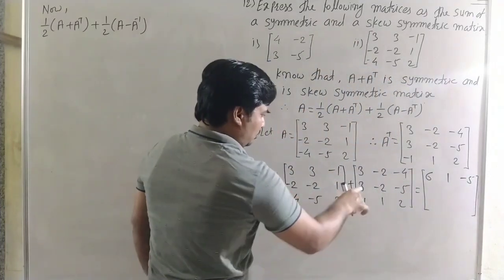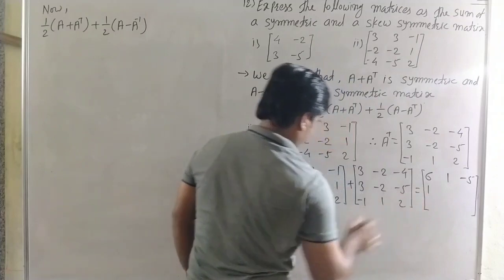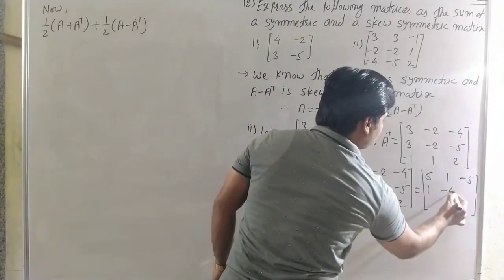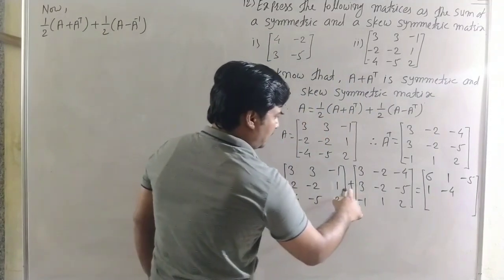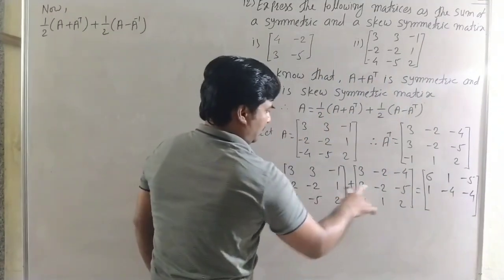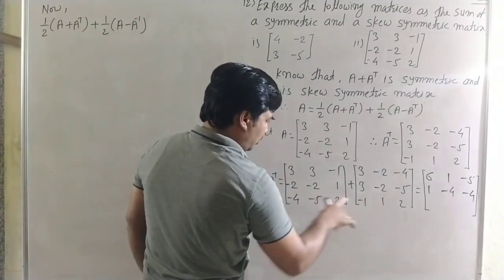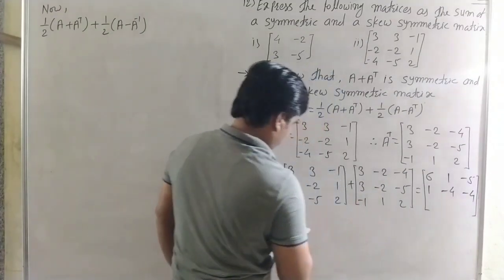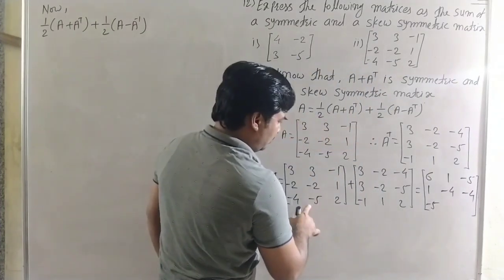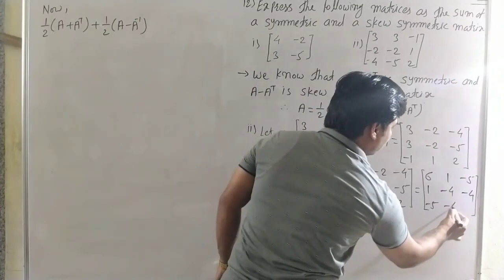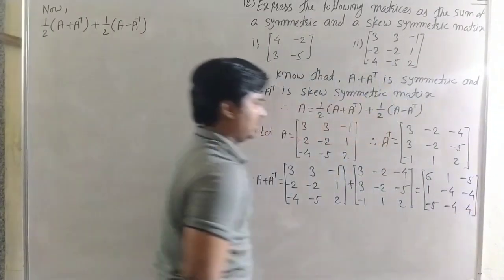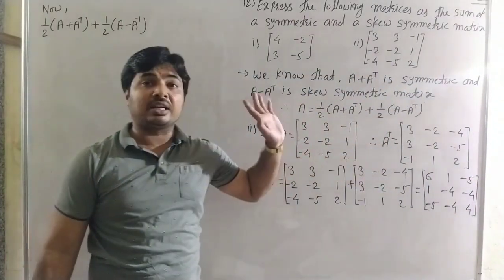Then minus 2 plus 3 is 1, minus 2 minus 2 is minus 4, 1 plus minus 5 is minus 4. Then minus 1 minus 4 is minus 5, minus 5 plus 1 is minus 4, and last, 2 plus 2 is 4. Okay, here see carefully, it is A plus A transpose.